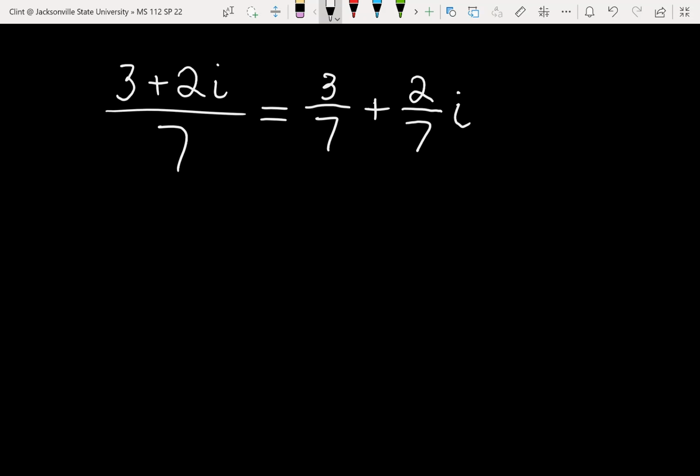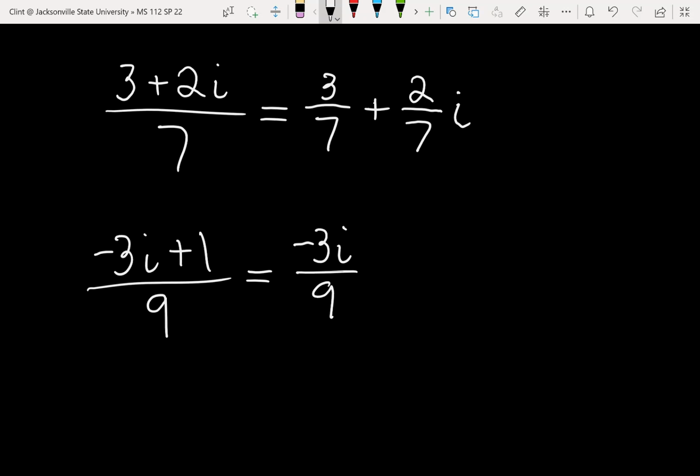If you had something in reverse order, you'd have to switch it around as well. And sometimes things will simplify. Like on this one, if we write both terms over 9, the negative 3 over 9 part would simplify a little bit, right? 3 would go into both of those.